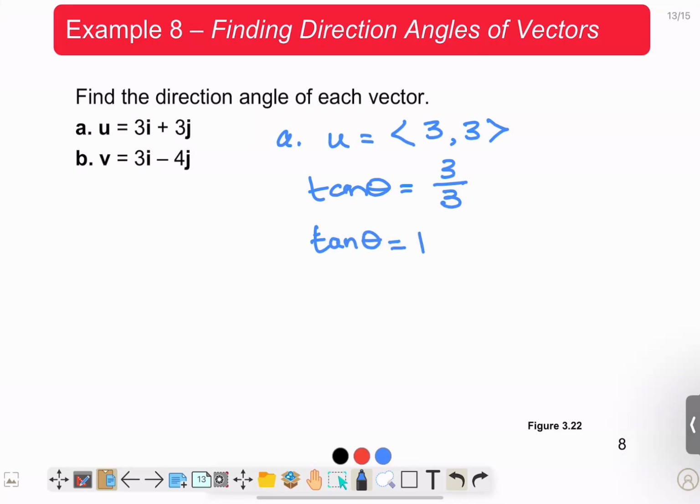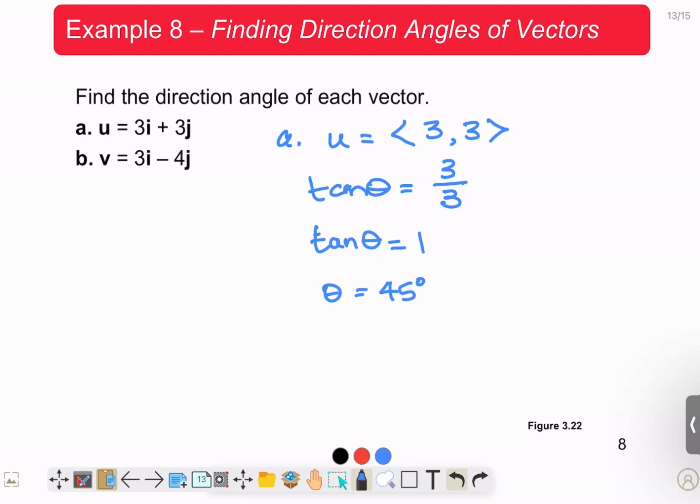So I'm looking for an angle whose tangent value is 1. We know that one from the unit circle, the point where sine and cosine are equivalent to each other. That happens at 45 degrees. So you could also use tangent inverse on both sides. But our direction angle in part A is just 45 degrees.